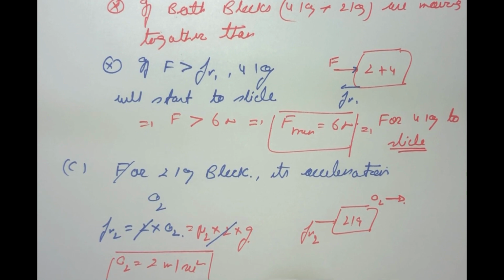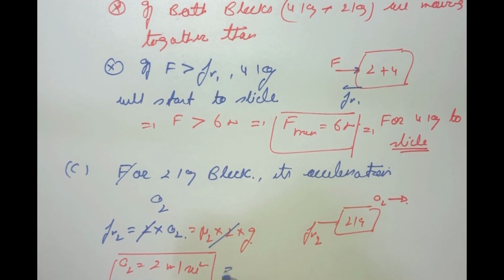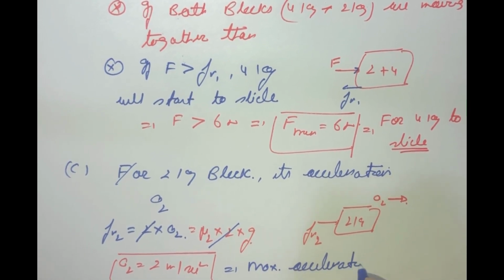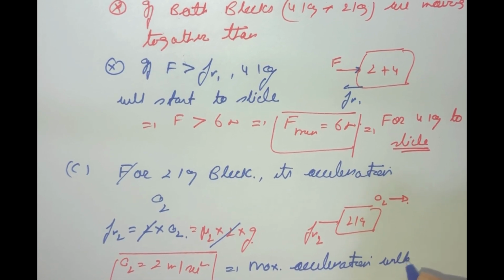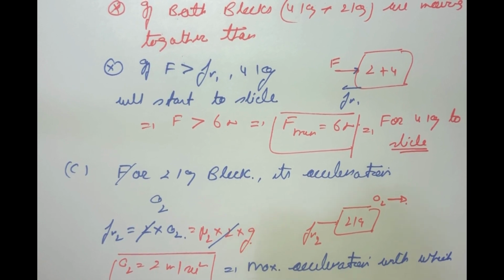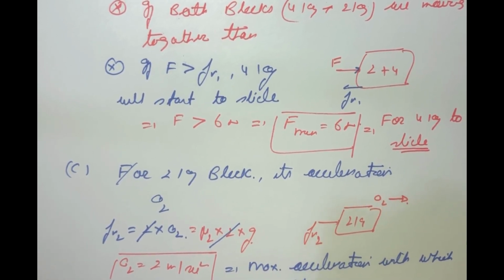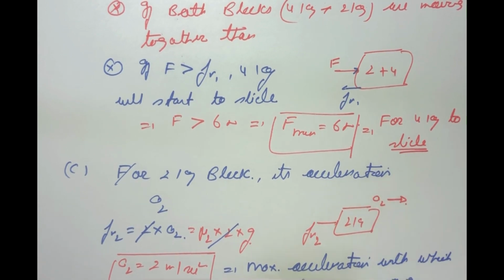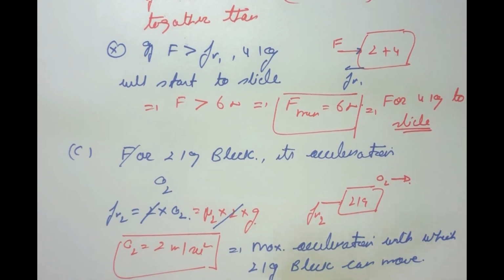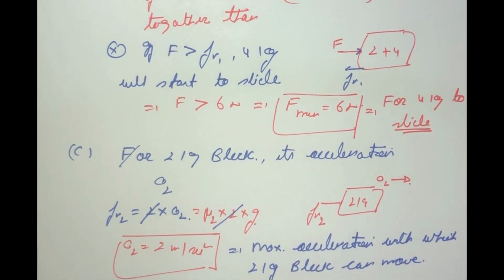Now, this is the maximum acceleration with which the 2 kg block can move. Which also means that the total acceleration of the entire system should also be 2 meter per second square.